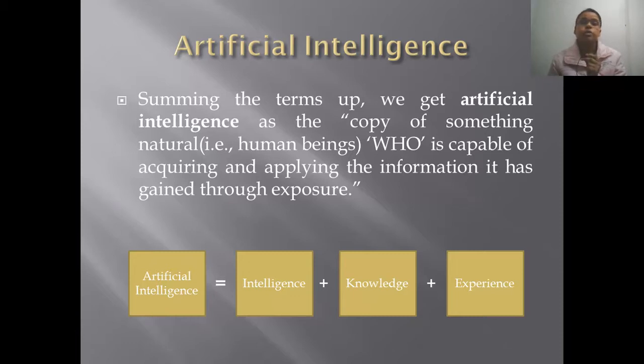Summing up the terms, we get artificial intelligence as the copy of something natural, that means human beings, who are capable of acquiring and applying the information gained through exposure.